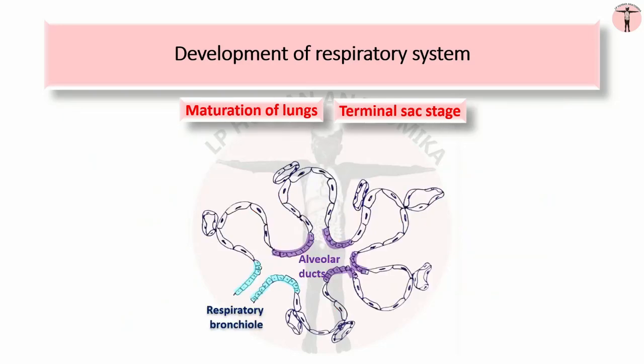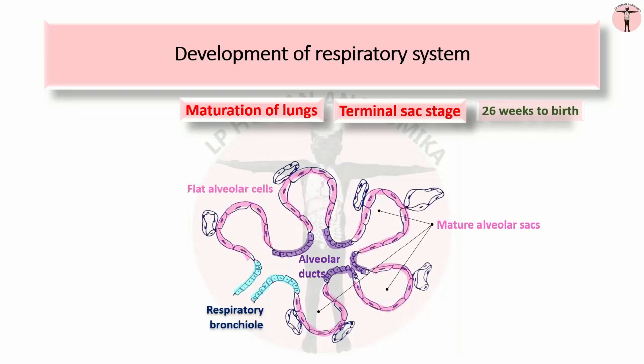The terminal sac stage extends from 26 weeks to birth. During this period, many more terminal sacs develop, their epithelium becomes very thin, and capillaries begin to bulge into these sacs. The intimate contact between epithelial and endothelial cells establishes the blood-air barrier, permitting adequate gas exchange for survival.